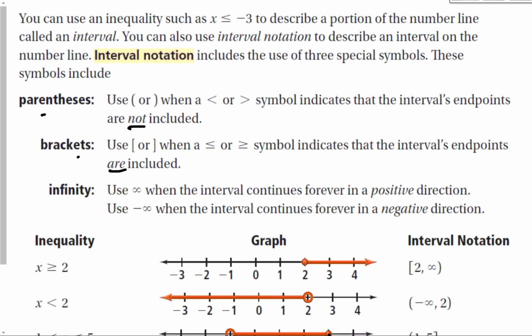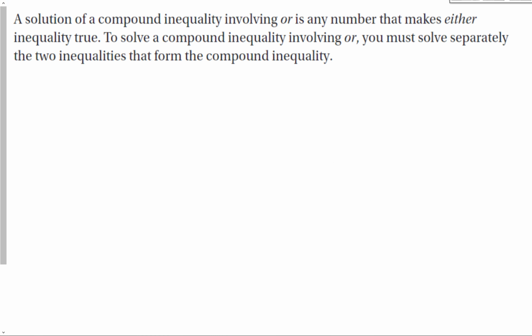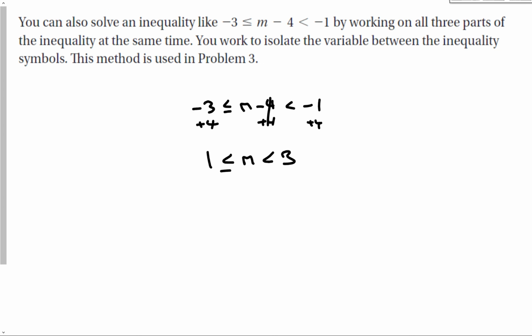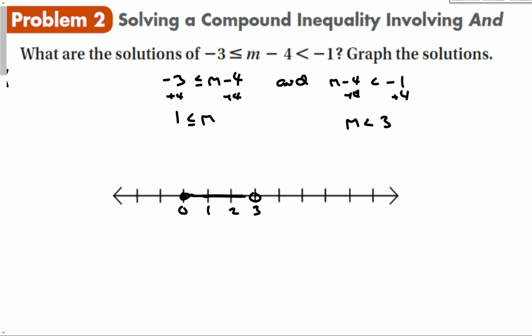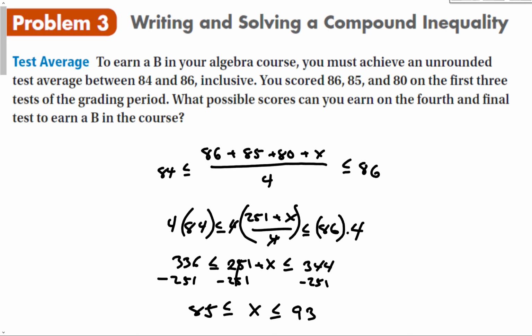However, you have to be careful, because if we were to change this problem to an or inequality, since one was going this way and one was going this way, this would be all real numbers as a solution, from negative infinity to positive infinity.